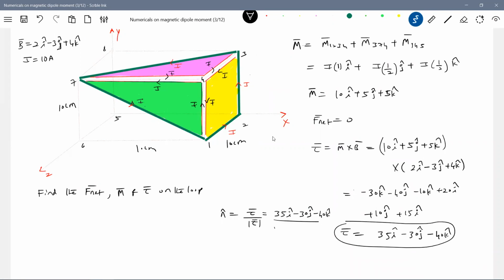Mod of tau bar will be the square root of 35 square plus 30 square plus 40 square. Calculate this, then the vector. This is the unit vector along which the torque acting on the loop is directed.